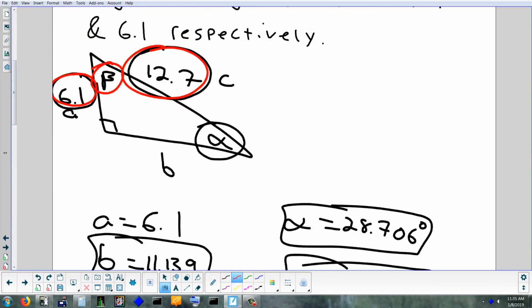Now, from the perspective of beta, what's the side that's 6.1 units? Opposite, adjacent, hypotenuse? It's adjacent. The other thing is hypotenuse. The trig function I use with adjacent and hypotenuse is cosine.